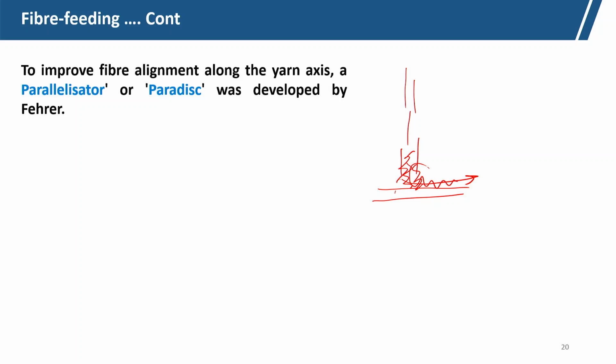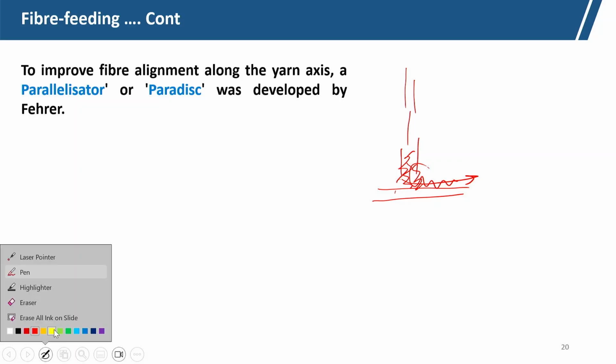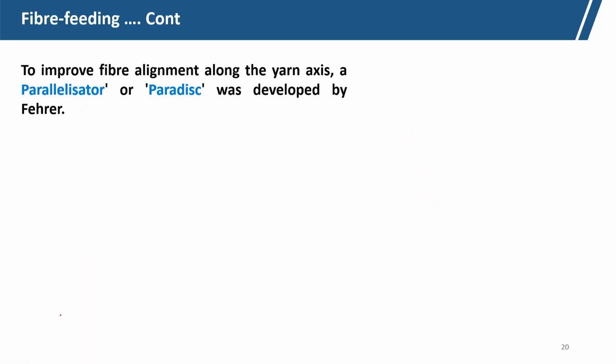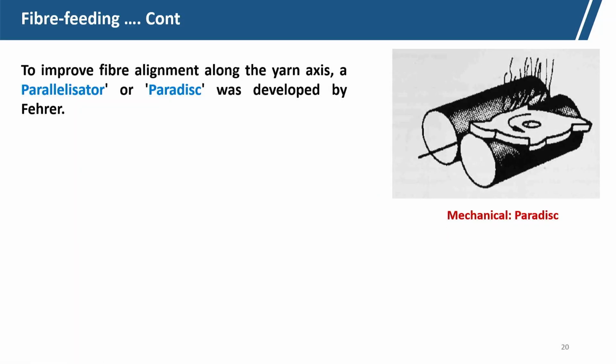So, the paradisc was developed by Fehrer. What is that? This is the paradisc. Now, fibers are coming, depositing on the nip, and after twisting they are pulled in this direction as a yarn.